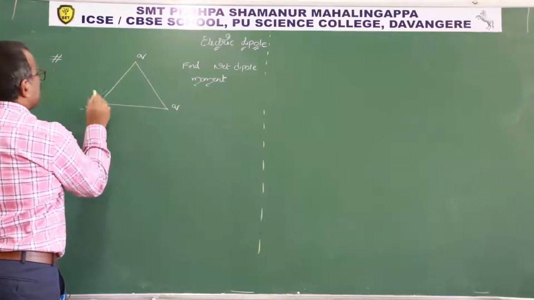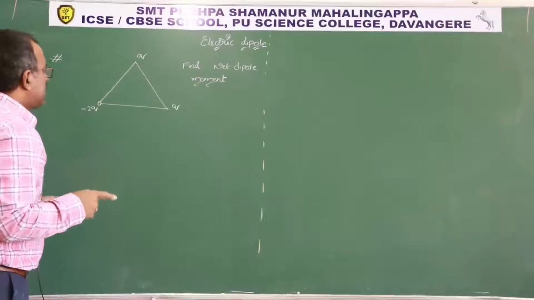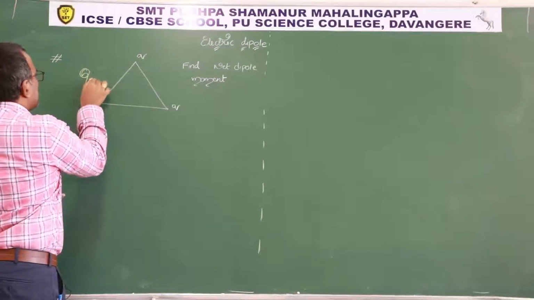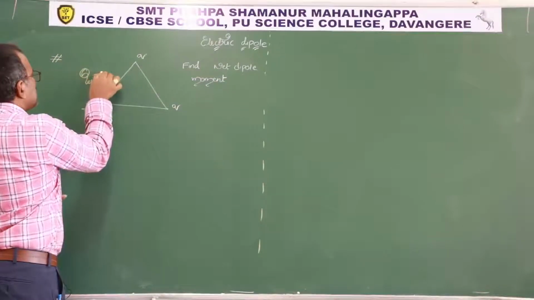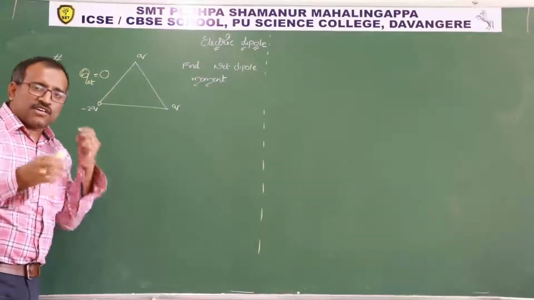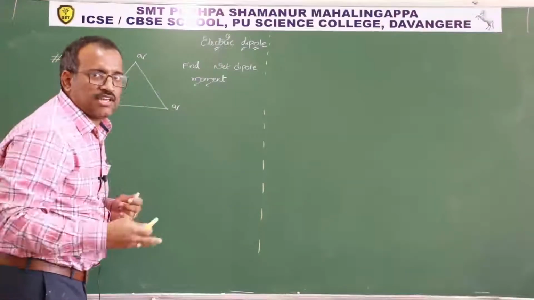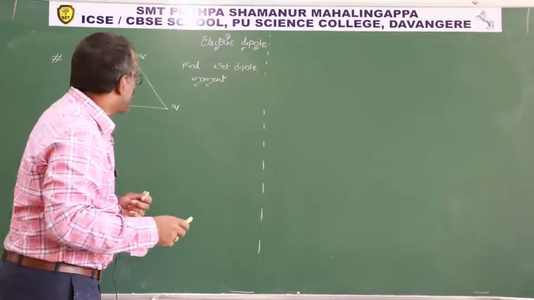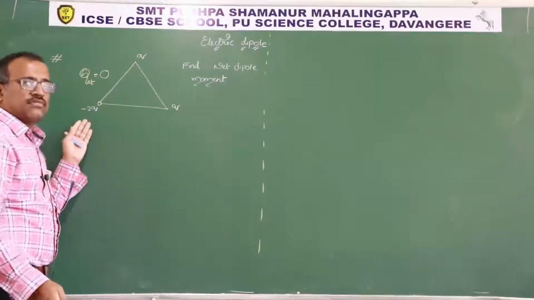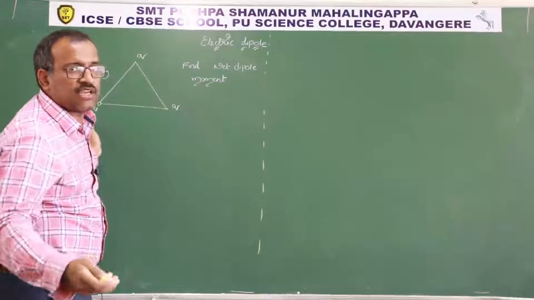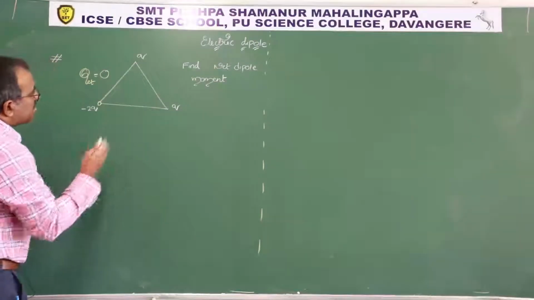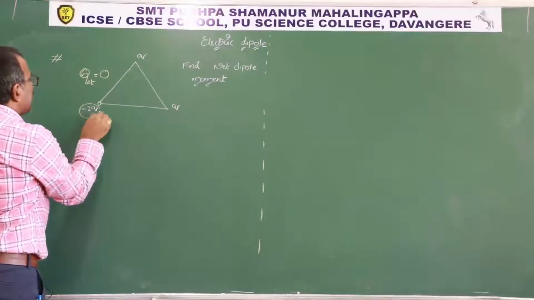So if you talk about this, as I said, it is so crystal clear whether it is dipole or not. Yes, q net is 0. For this system, if you consider all three together as a system, q, q and minus 2q becomes 0, nothing else. So the hidden thing we have to take out.